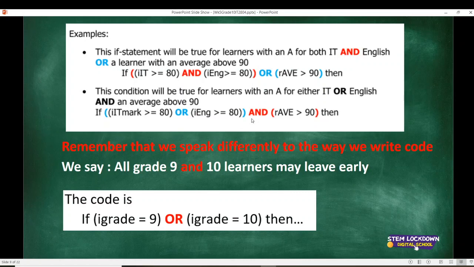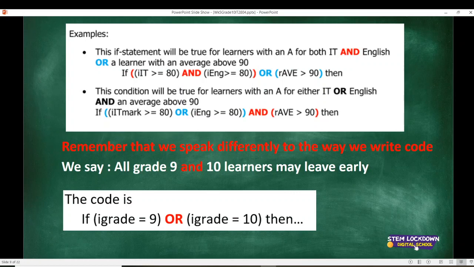The other thing that you need to be very careful of is that when we speak English, we speak differently to the way we would say it in code. So here's an example. At school, you may hear somebody announce that all the grade 9 and 10 learners may leave early. Makes sense. If you hear that, you know that what that means is everybody who is in grade 9 or grade 10 may leave early.